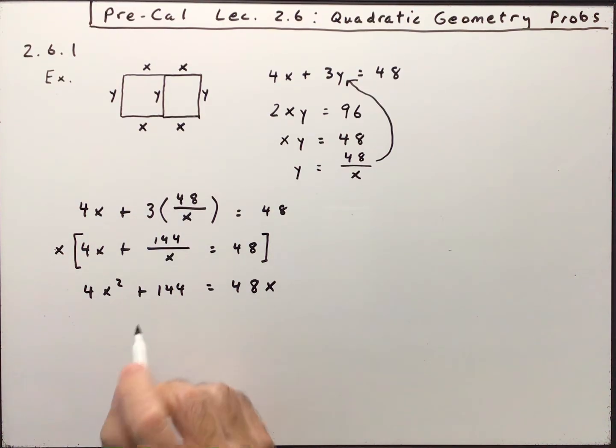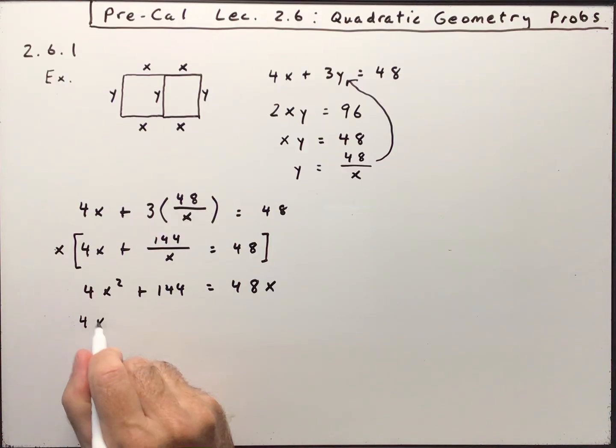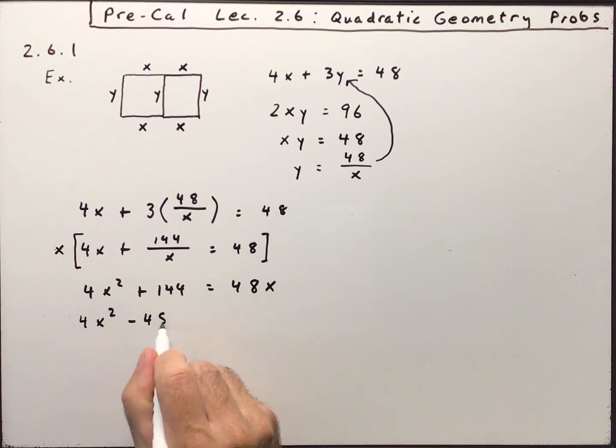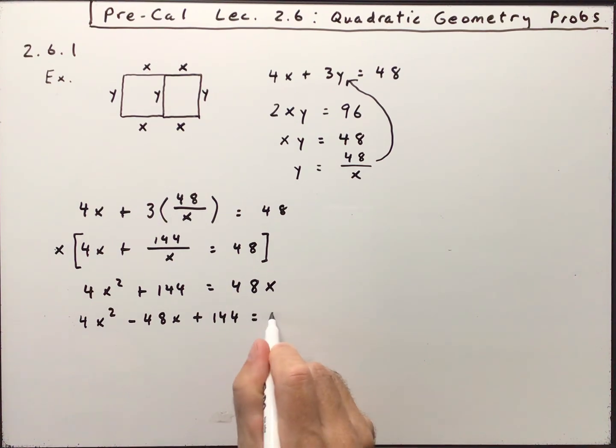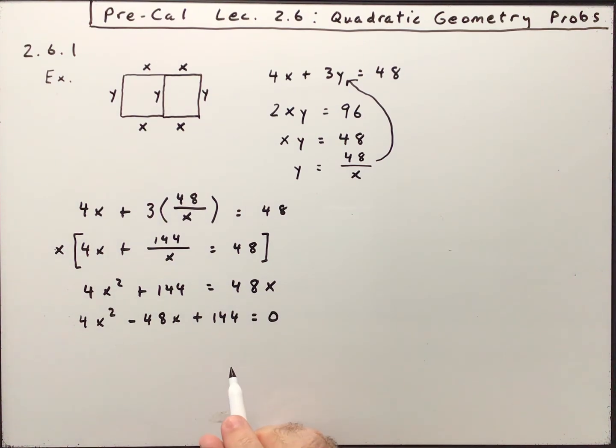So now let's bring that 48x over to the left. We have 4x squared minus 48x plus 144 is equal to 0. All right, so let's see. Will 4 go into 144 evenly? Let me get my calculator real quick.